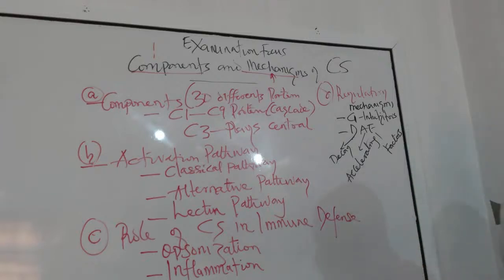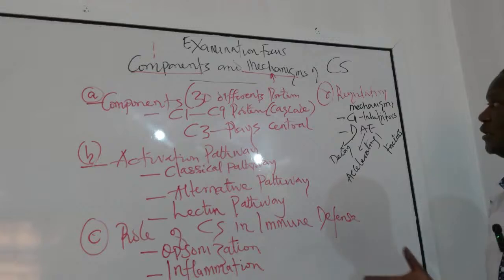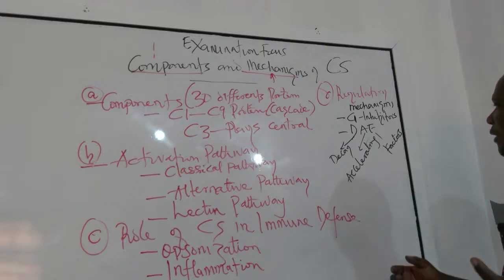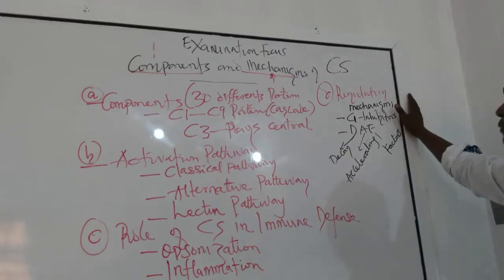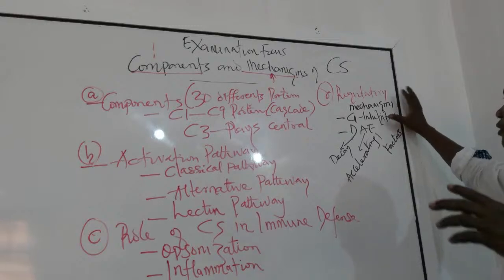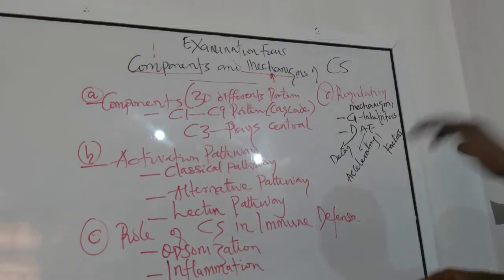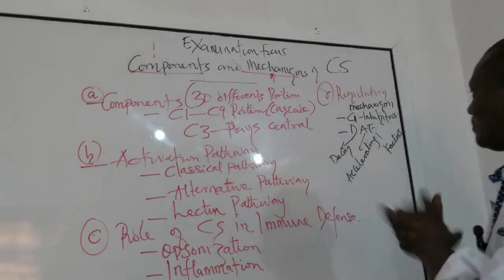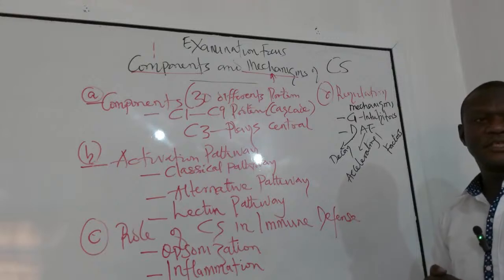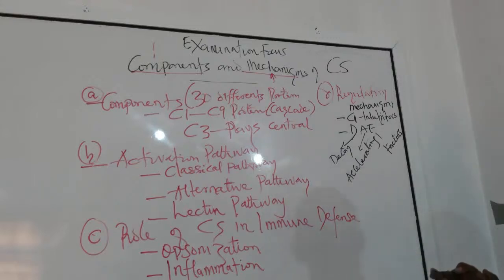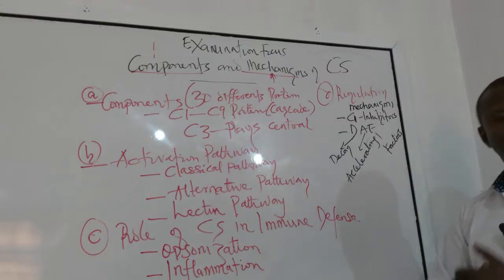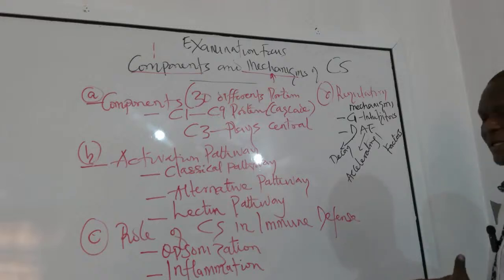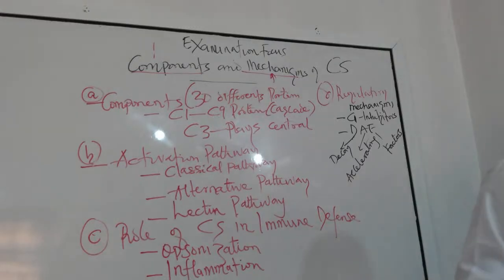After the cascading of the complement system, in trying to assist the innate as well as the adaptive immune system, how can it be regulated? And I said it has to be regulated by two basic mechanisms. The first mechanism is through C1 inhibitors or the inhibitory process, then followed by decay accelerating factor.